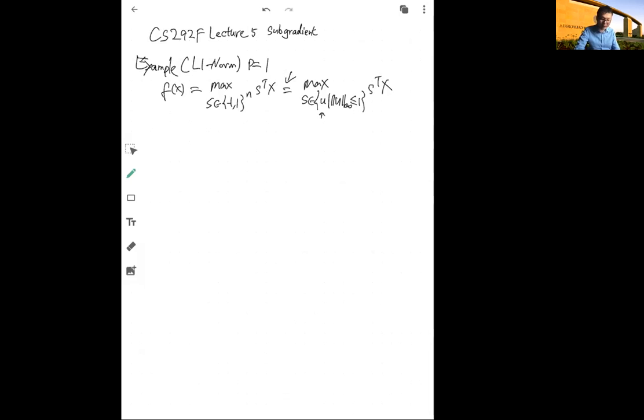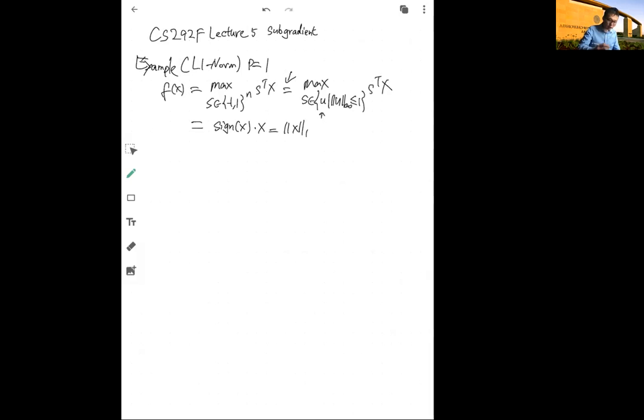Therefore, it suffices for us to consider just -1 and 1. In fact, we know that this value is the same as the sign of x multiplied with x, which gives us the absolute value of x.